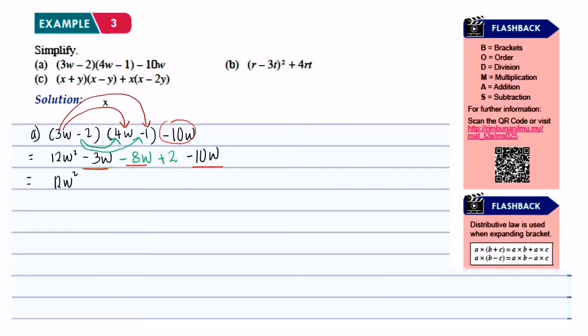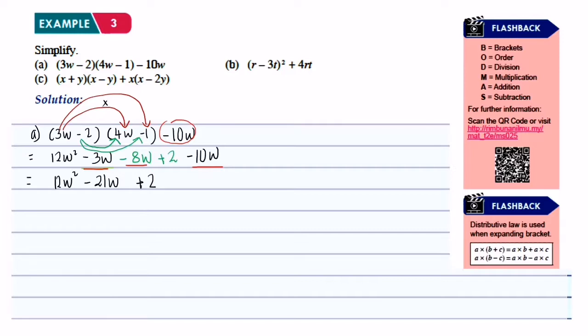So negative 3w minus 8w minus 10w equals negative 21w. Plus 2, we just copy down because it cannot be solved already. So the answer is 12w squared minus 21w plus 2.